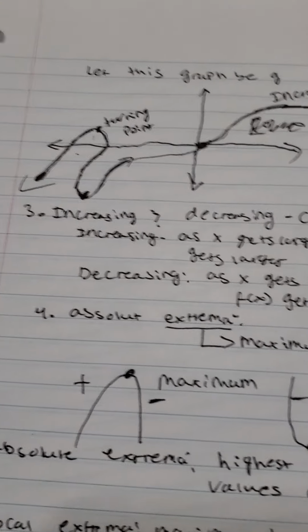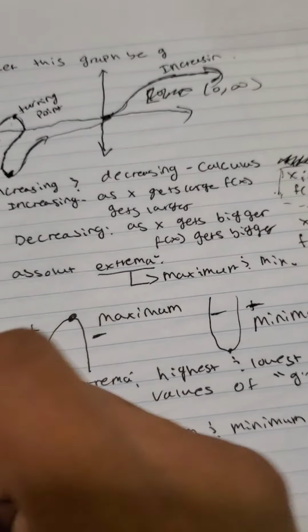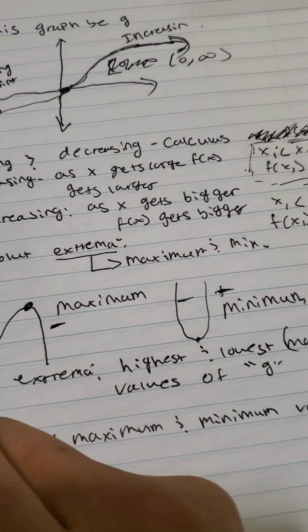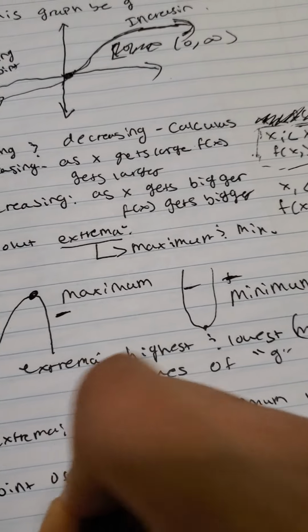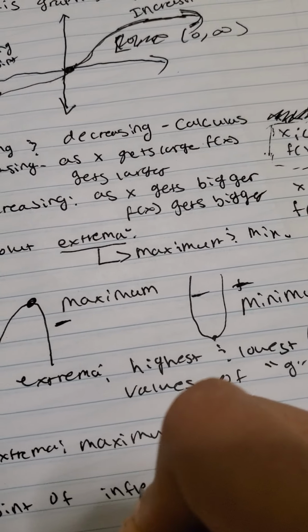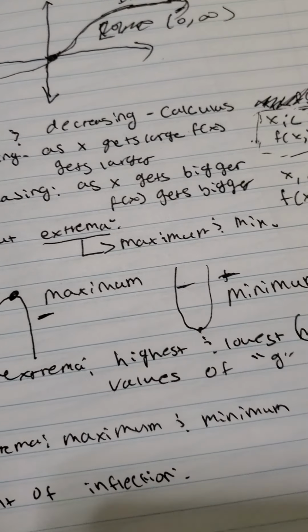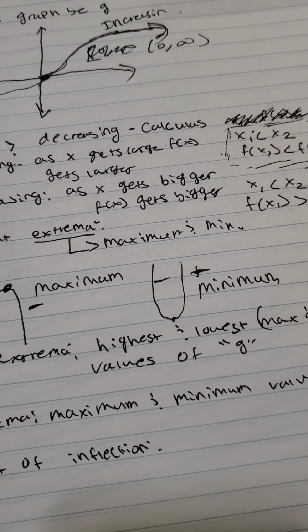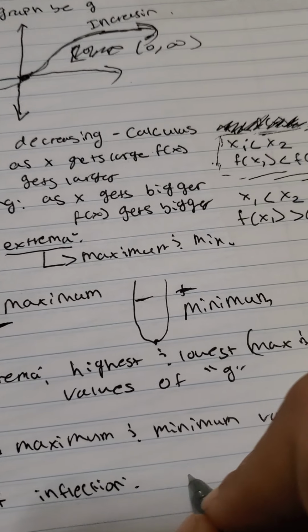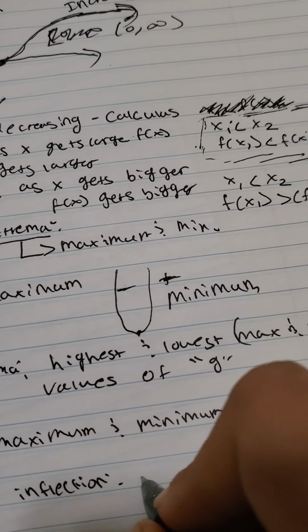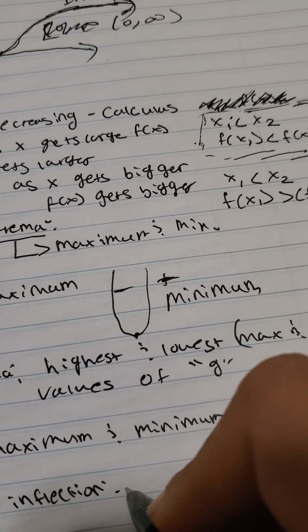And the last thing we can find is a point of inflection. Last major thing we can find to curve sketch, of course, is a point of inflection.